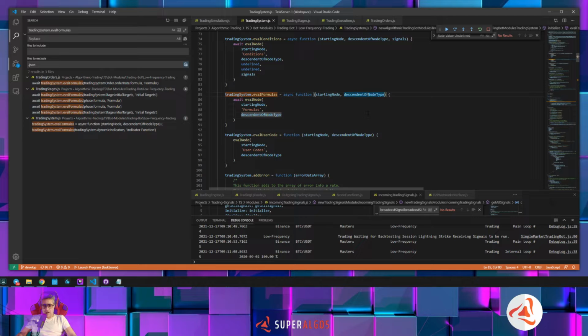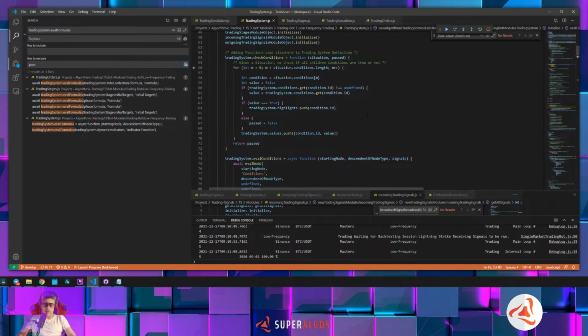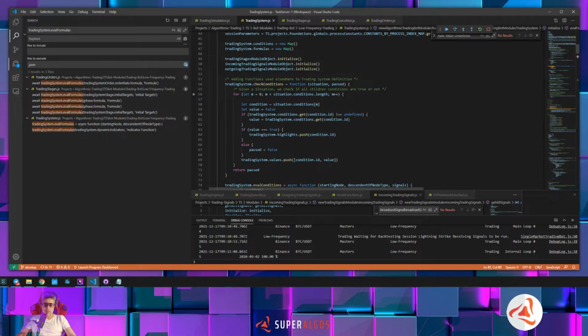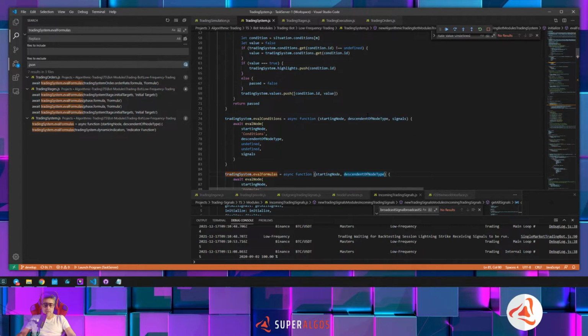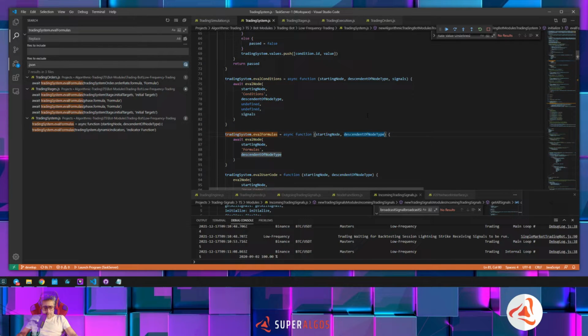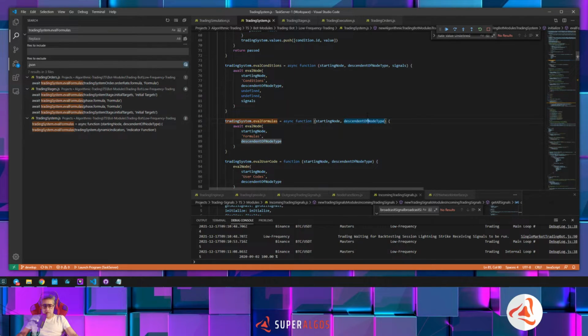Starting node and descendant of node type. Okay. This has the signal parameter.